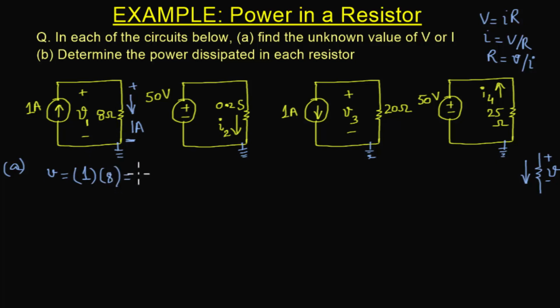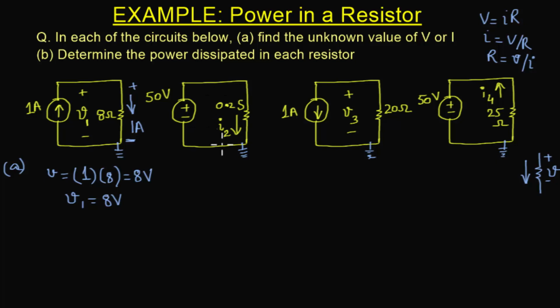So voltage would be 8 volts in this polarity. Now we can compare the polarity we found out and the polarity asked in the question. So here the positive terminal is upwards, and here we have the same positive terminal. So we can say that V1 equals 8 volts.